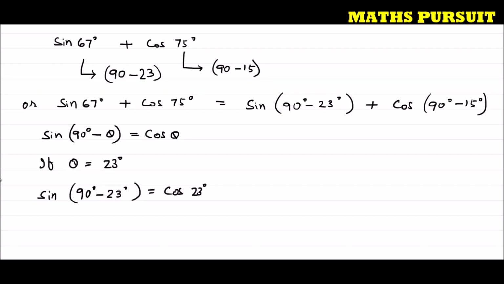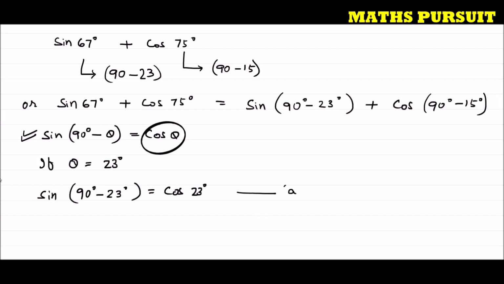Hope, guys, this is very clear. This is most important, guys: sine of 90 degree minus theta is equal to cos theta. Let us name this one as A.